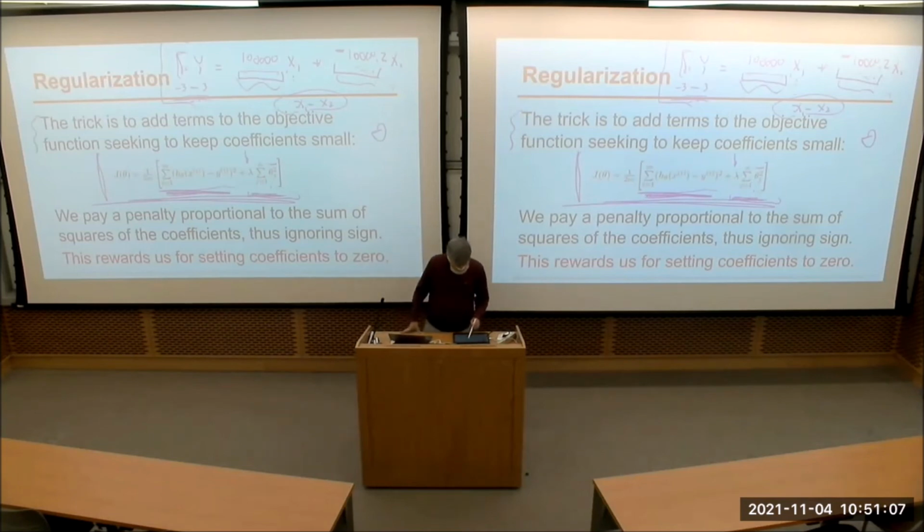Something like 1,000,000 x minus 1,000,000 y is going to involve very, very large coefficients, which when you square them become very, very large. The most desirable model is the one which has small coefficients while still doing a pretty good job of fitting the data.